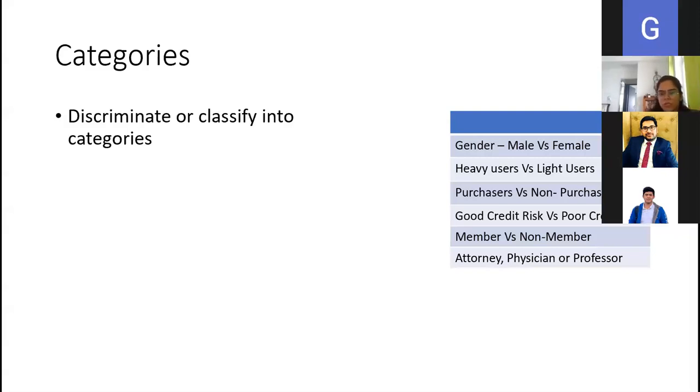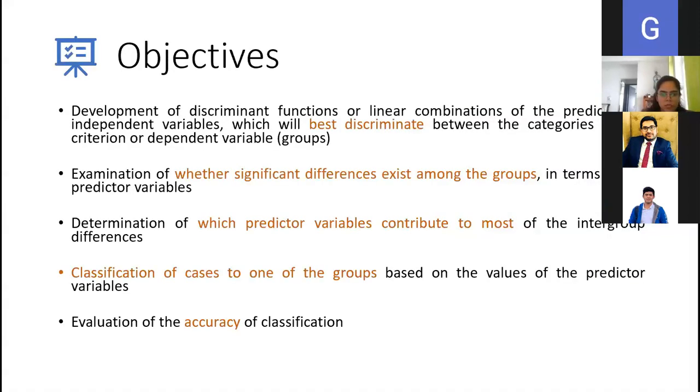Okay, purchasers versus non-purchasers, good credit risk or poor credit risk, or credit defaulters or payers, member versus non-member, attorney, physician, or professor. So it can be three categories also. So in this session we will discuss two categories only. So these are the different kinds of examples, just to give you an idea of how you can classify your respondents. Okay.